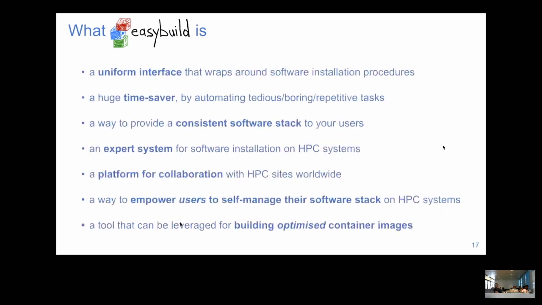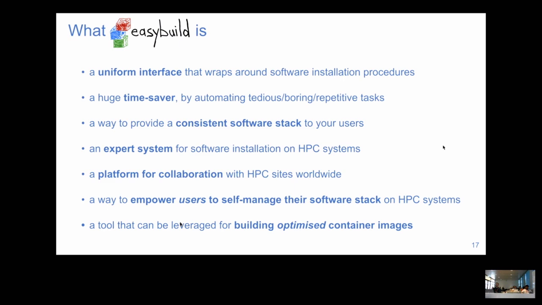What EasyBuild is or can be, in my view, is a uniform interface to install scientific software on HPC systems. You're just talking to EasyBuild, and however the software that you want to install should be installed, EasyBuild hopefully knows about it already, and you can forget about the specifics. Everything is automated.